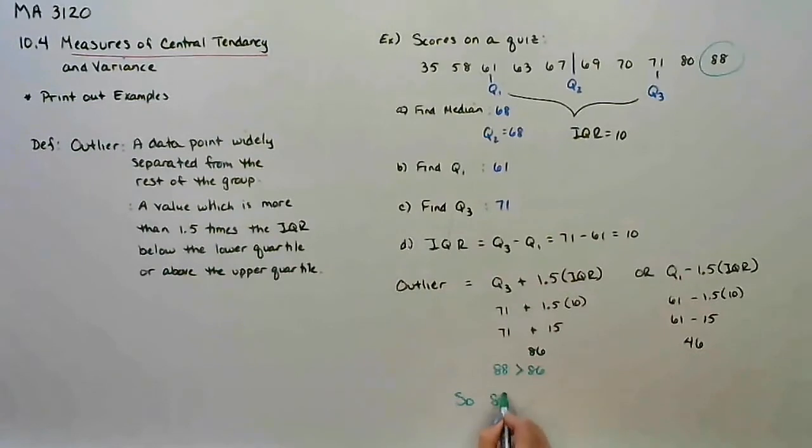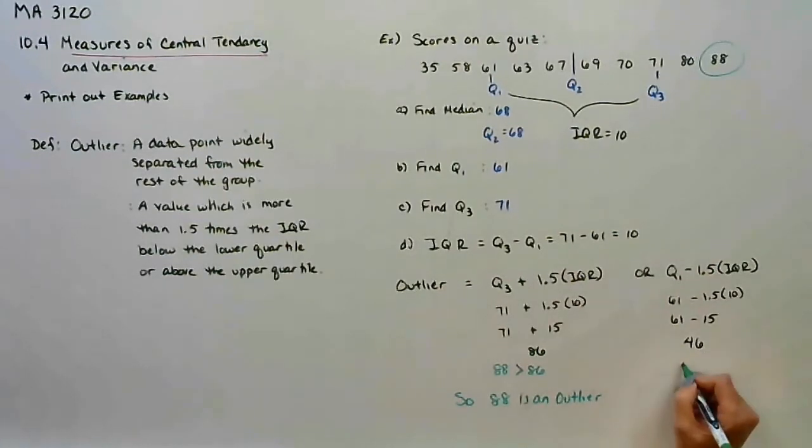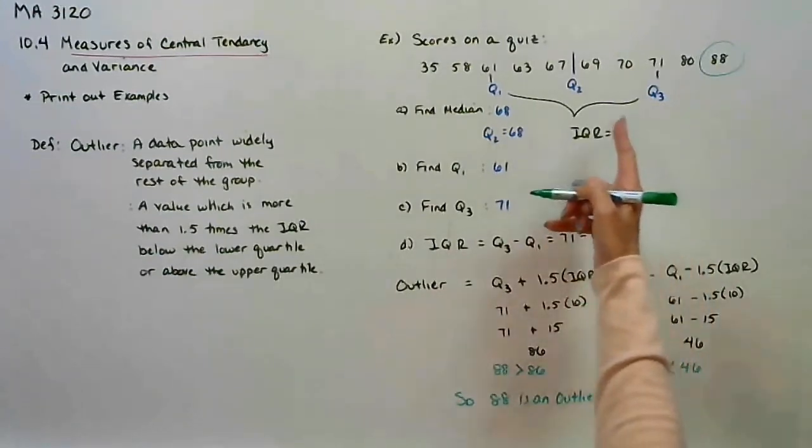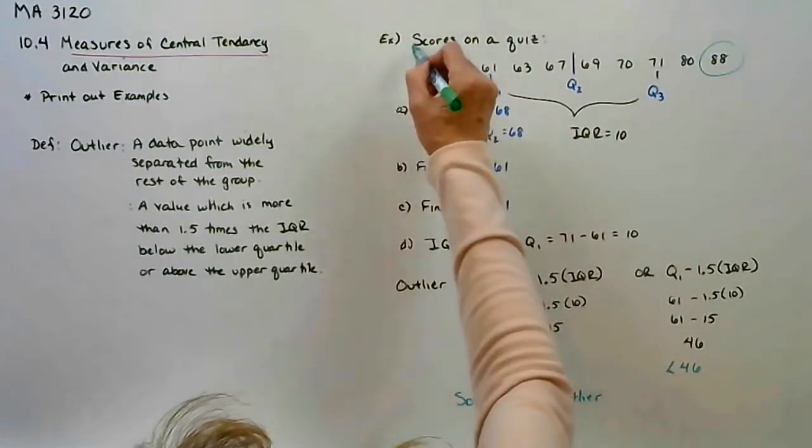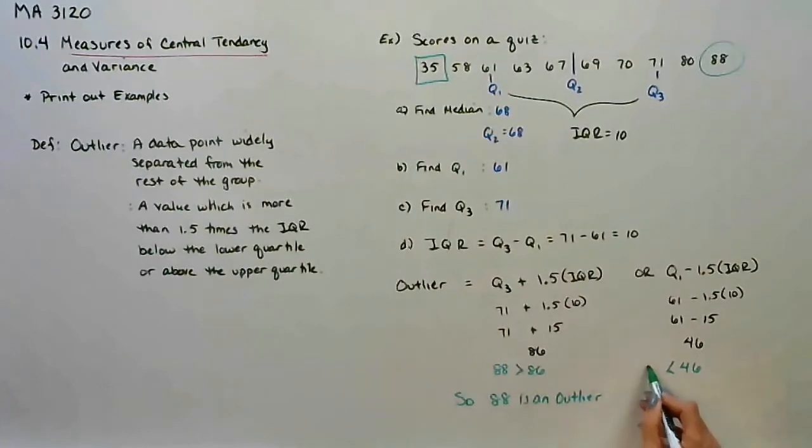So 88 is an outlier. Similarly, anything less than 46, we have 35. Therefore, 35 is also an outlier. They might appear to be outliers, but until you actually do the calculation, you won't know whether they're outliers. All right?